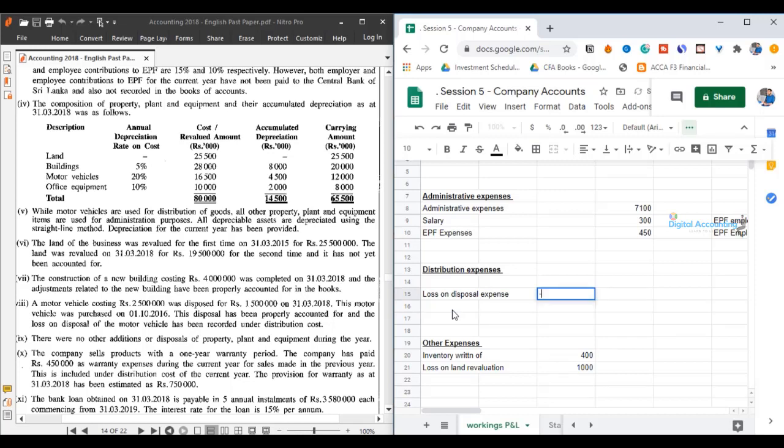Remove means we need to make a minus figure of 250. And we need to add that to other expenses.